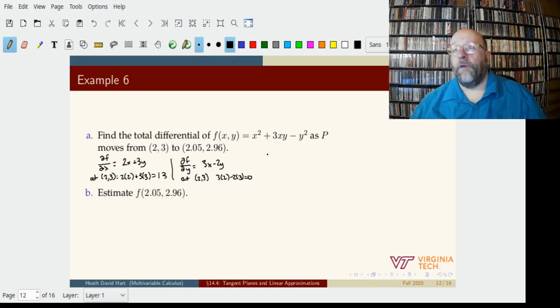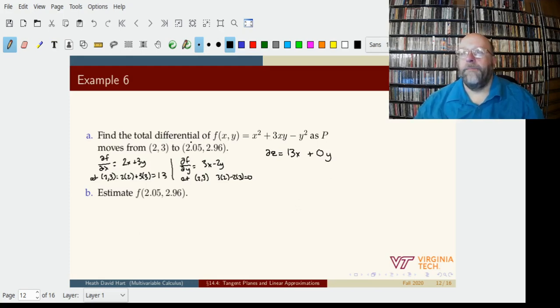And so the differential, dz, is 13 times dx, and I'll go ahead and write plus 0 dy. And again, we don't bother to write the b, so it's the part of the tangent plane that represents change.